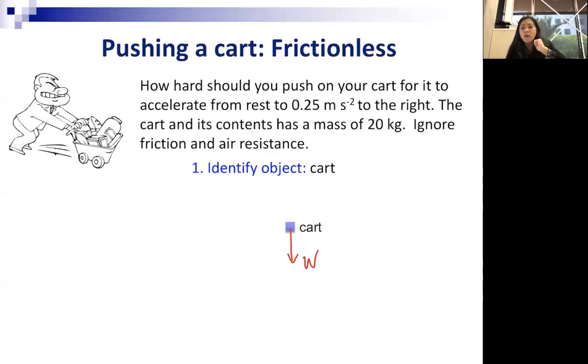Good. What force is that? Yeah, it's upwards because we'll assume the ground is level. What's the name of the force that's exerted by the ground that supports the objects? Normal force. Good. It's always perpendicular to the surface, so that's why it's upwards. Okay, any other force acting on the cart?